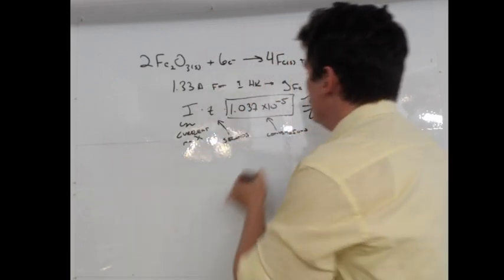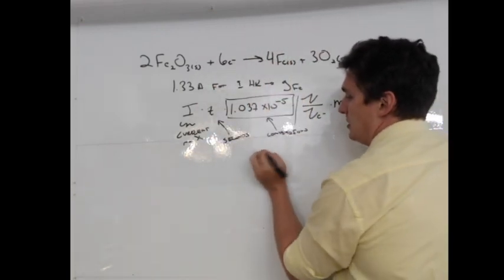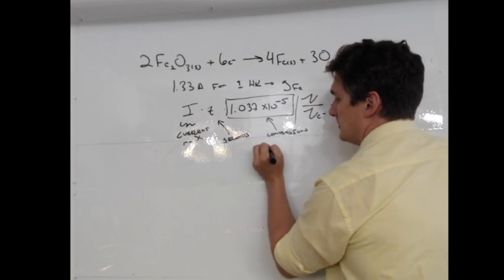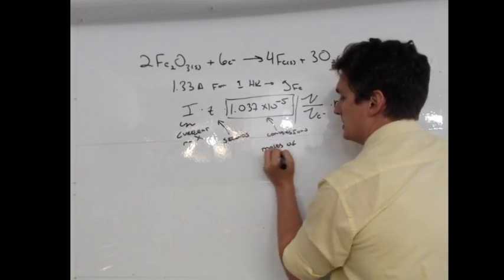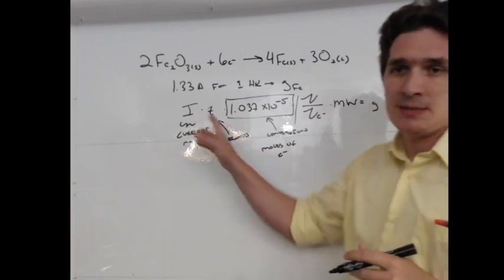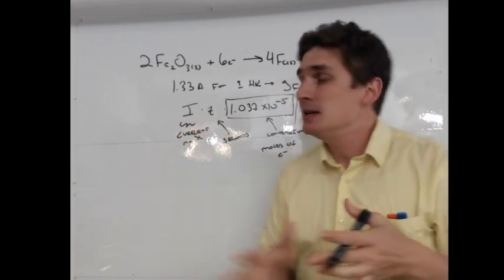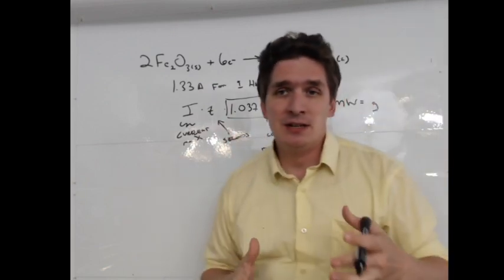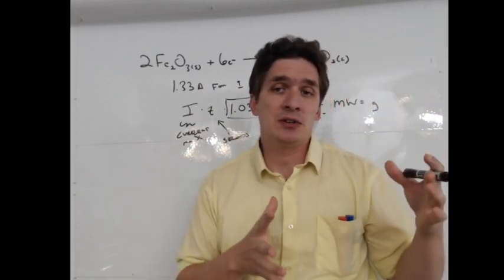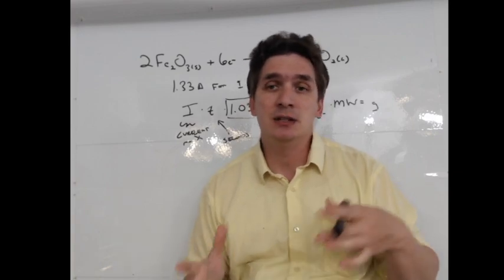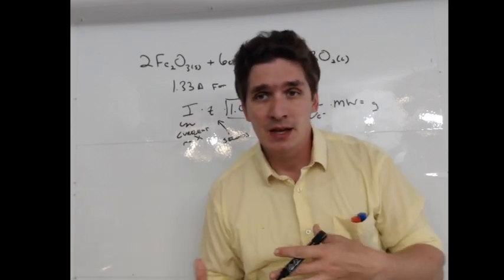But basically, when we get to this point, we are in moles of electrons. Current times time gives us electrons, and this 1.037 times 10 to the negative 5 gives us the total moles of electrons that have been used in this reaction.